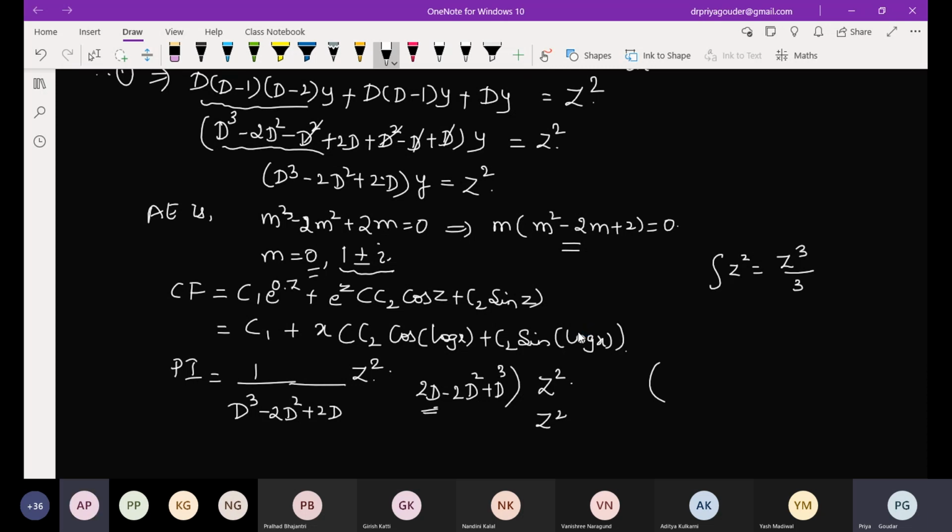Isn't 2 extra? So take the unwanted term in the denominator: take z cube by 6 and check whether you get z square. 2 into the derivative of z cube by 6. The derivative of z cube is 3z square divided by 6. Am I correct? This 6 and that 6 will go. You'll get z square. Confirmed?